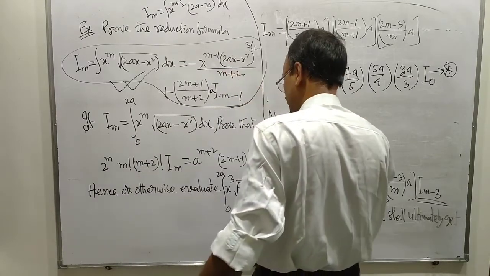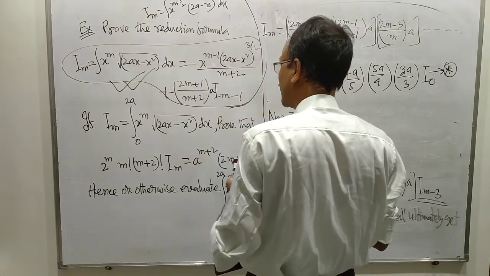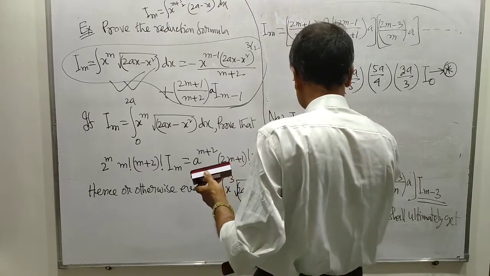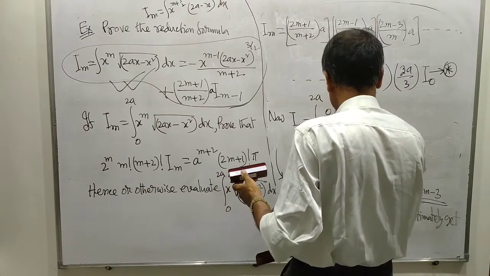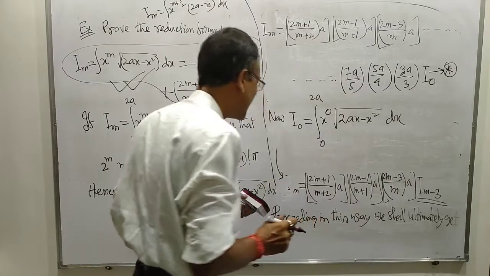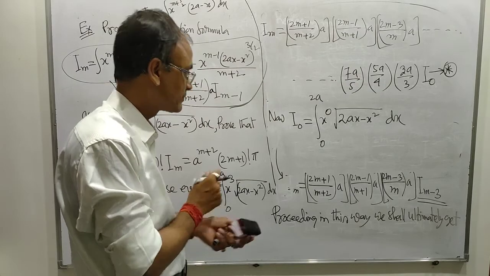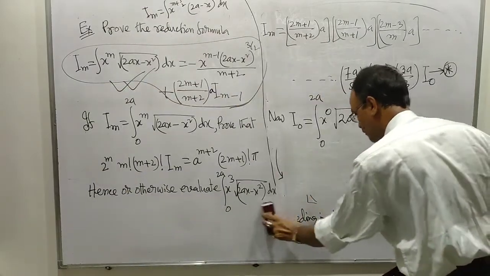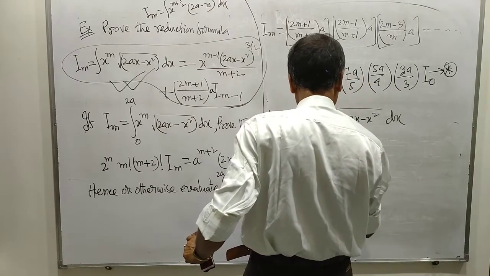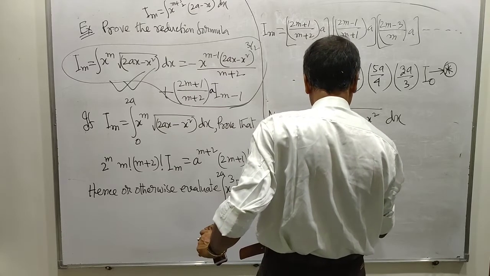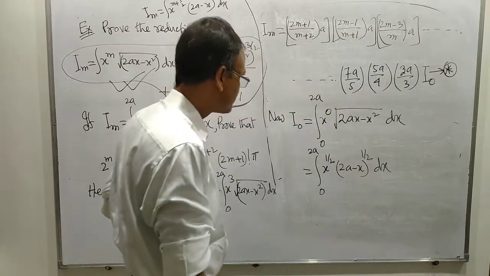I_0 is equal to integration 0 to twice a, x to the power 0 root of (twice ax minus x square) dx. I_0 will be equal to this. This is equal to integral 0 to 2a of x to the power half (twice a minus x) whole to the power half dx.